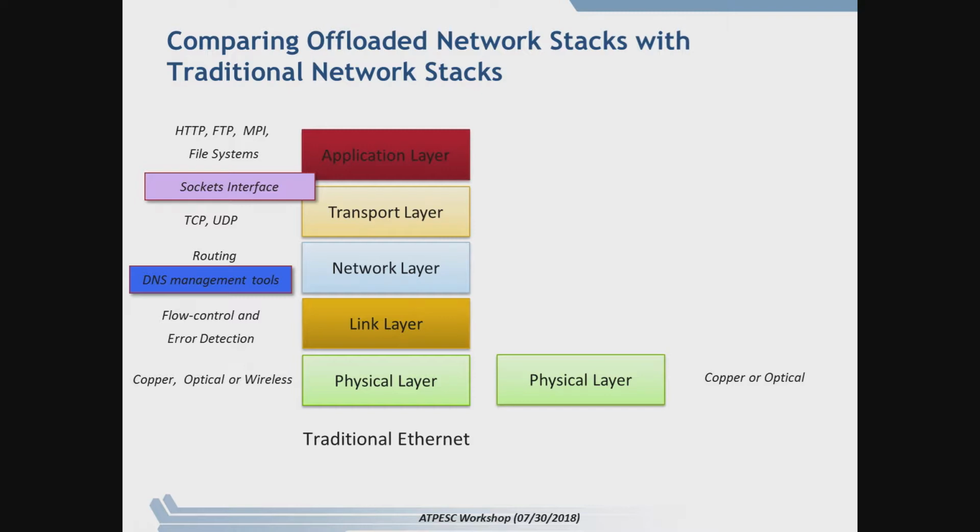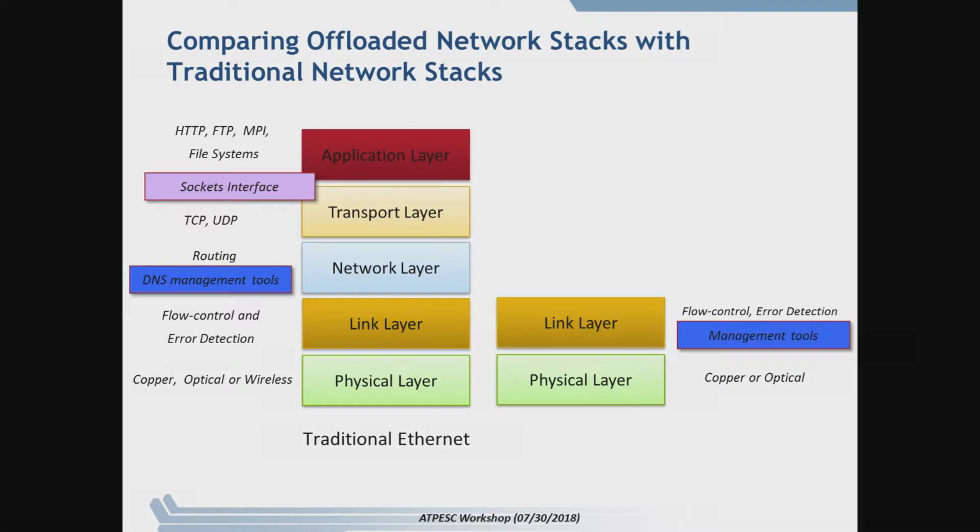In a more specialized environment, like an HPC environment, we have a lot of the same layers, but some of them serve different purposes here. You can see that there are some management tools incorporated into the link layer of an HPC network. The network layer is mainly in charge of routing.